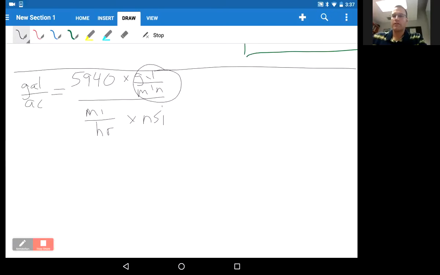So let's go ahead and plug in what we know. So we want 20 gallons of spray per acre. We got 20 gallons per acre. Can't write an A very well for some reason.